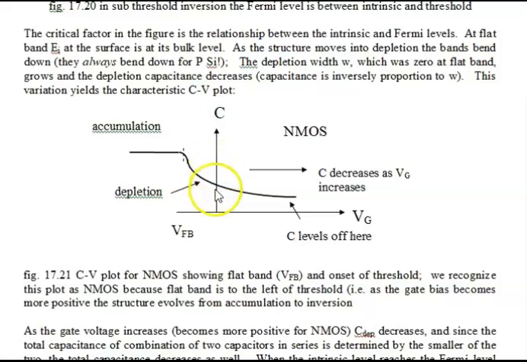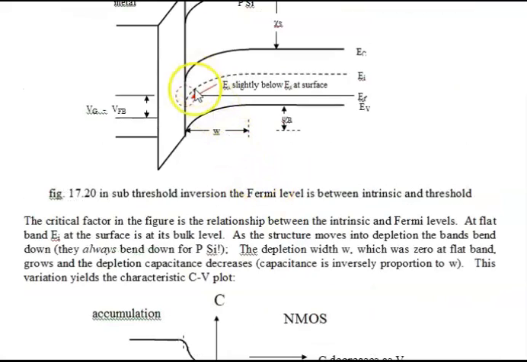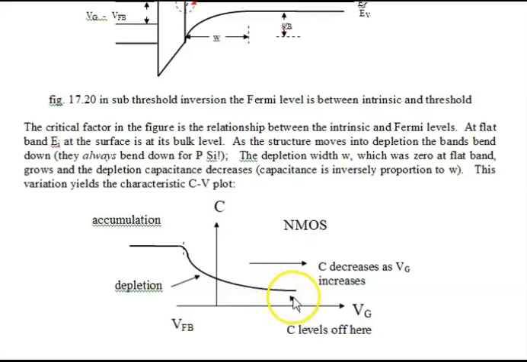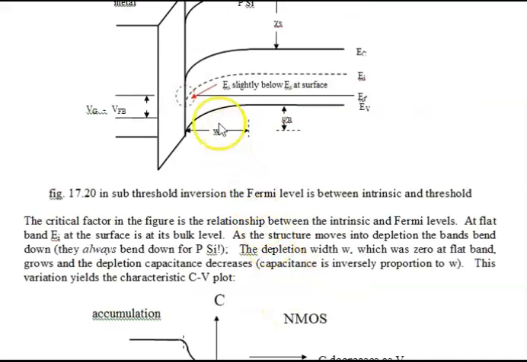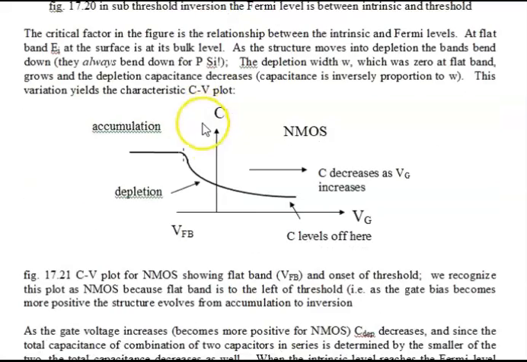By the way, this axis can be any place. What is the position of this axis? It depends on the work function difference. So it's not really important whether it be in depletion or in accumulation. The total capacitance will continue to decrease as the intrinsic level falls further and further until we get to threshold.